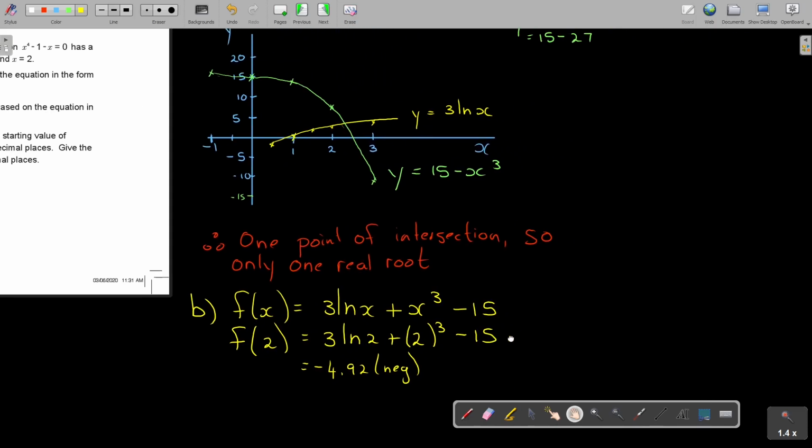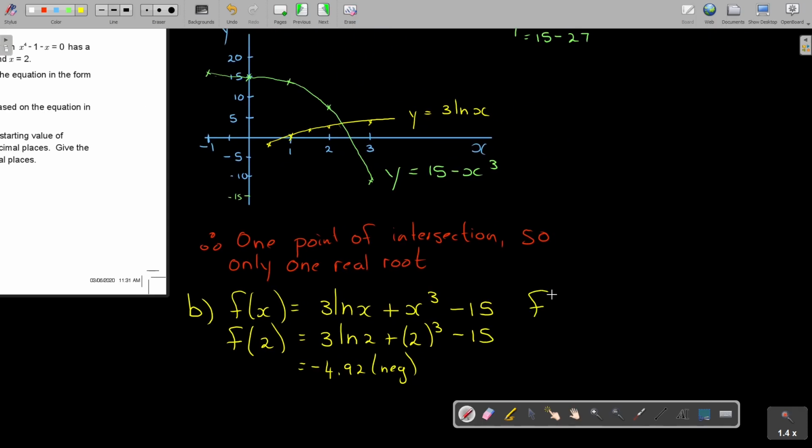And then if I do the other one, f(2.5), it's going to be 3 ln 2.5 plus 2.5^3 minus 15. And if I correct to 3 significant figures, just take note it's positive. Can you see the change in sign?